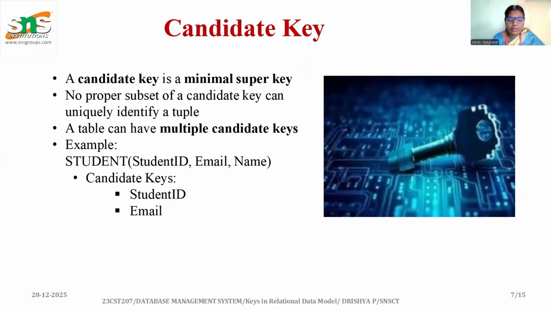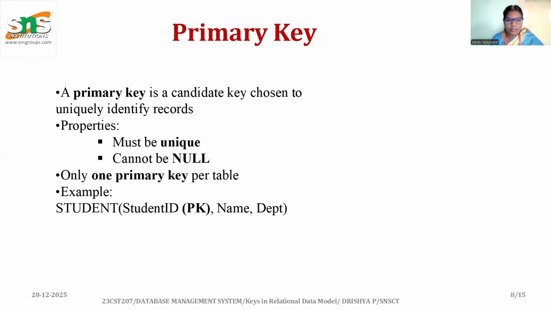A table can have multiple candidate keys. In the previous example, the student relation has student ID, email, and name. The candidate keys are student ID and email. Only student ID is a candidate key, and only email is a candidate key.